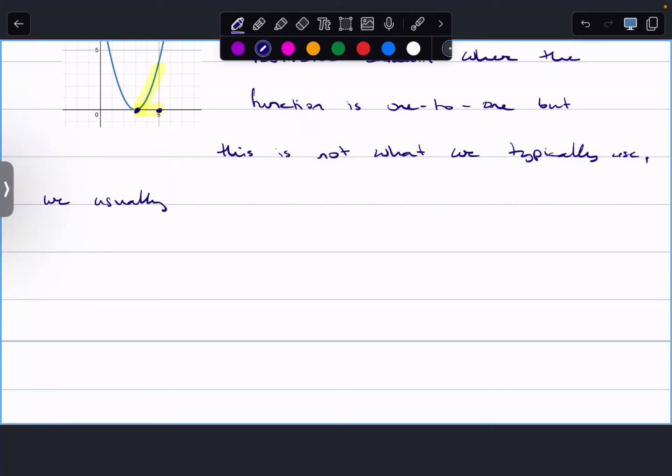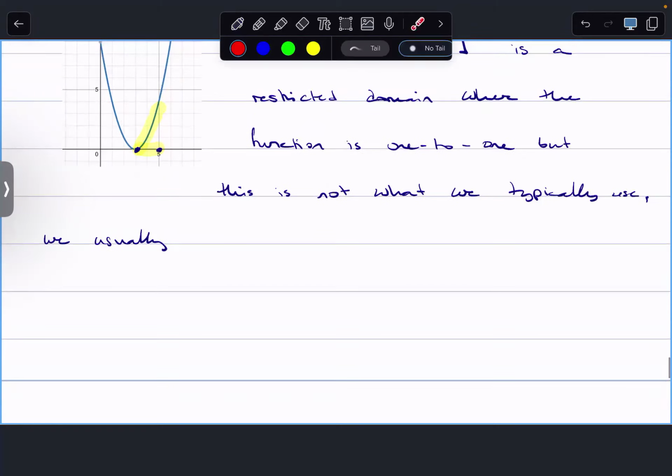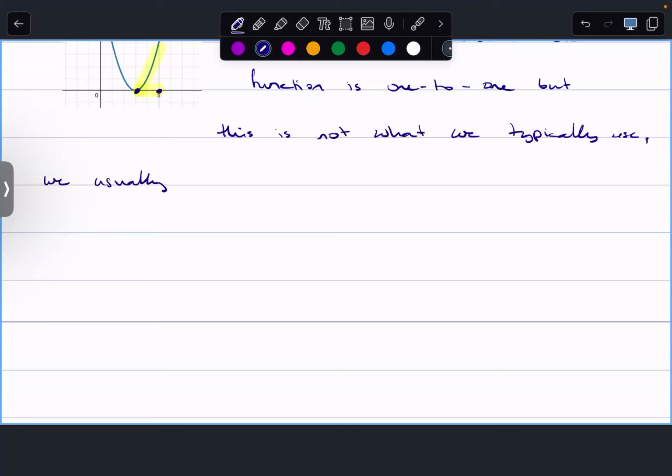I tend to stick to the positive values. So we usually start at some starting point and then take it to positive infinity. So we usually start at the first point, trying to communicate what this would be in general.